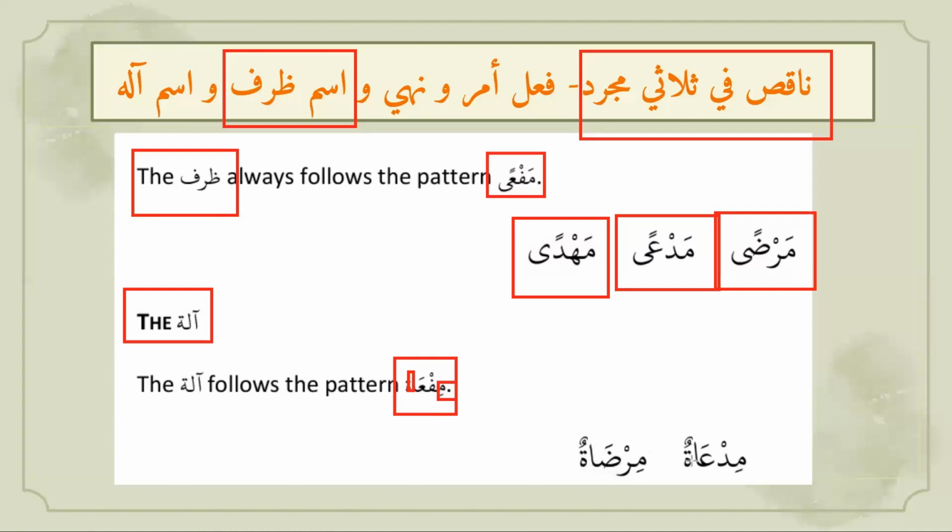So mid'atun is the ism ala for da'a yadu, and mirdatun is the ism ala for radiya yarda. Rada yarda comes from Bab Fataha, and Radiya Yarda comes from Bab Samia.